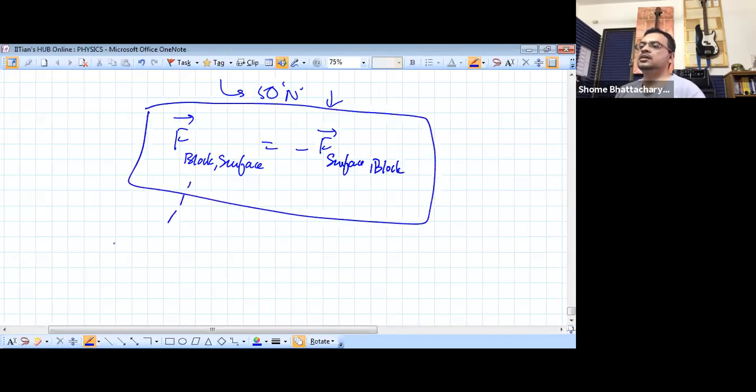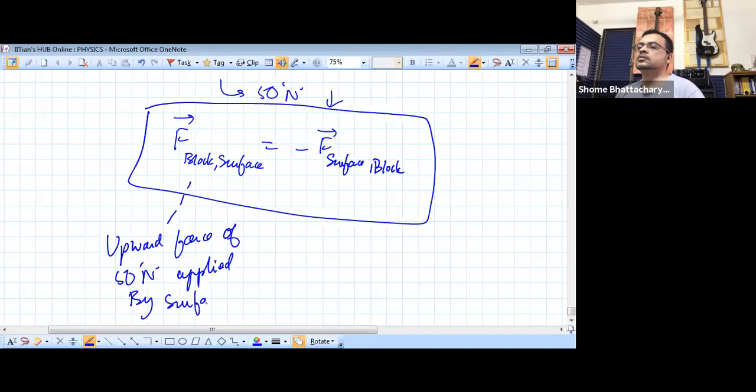So this is the upward force of 50 newtons applied by the surface on the block.